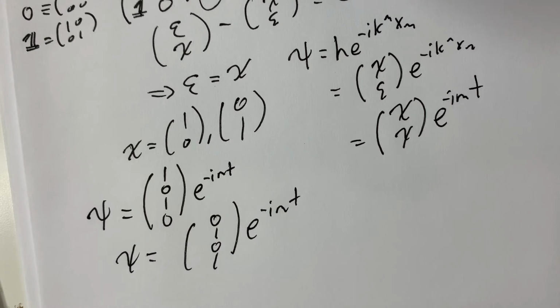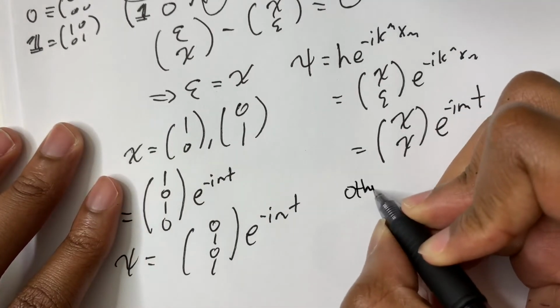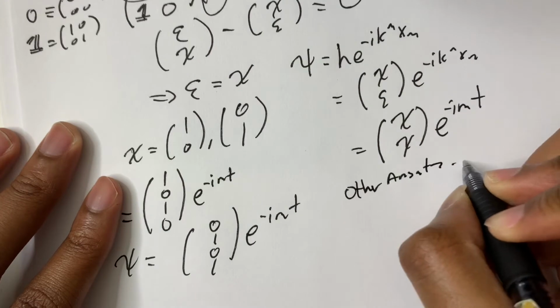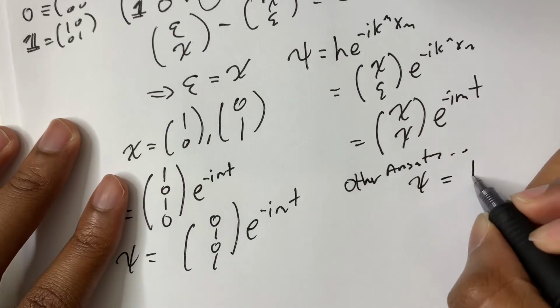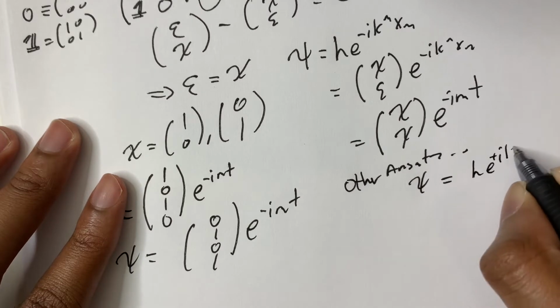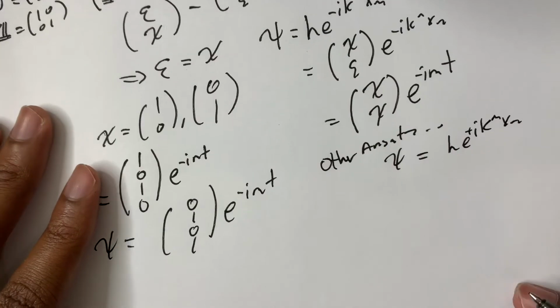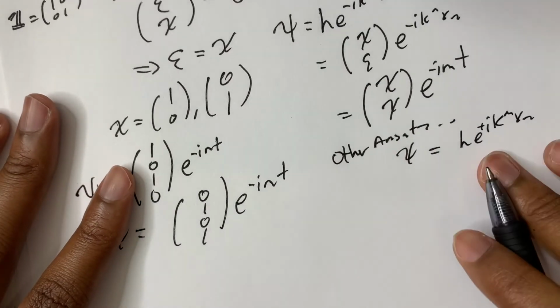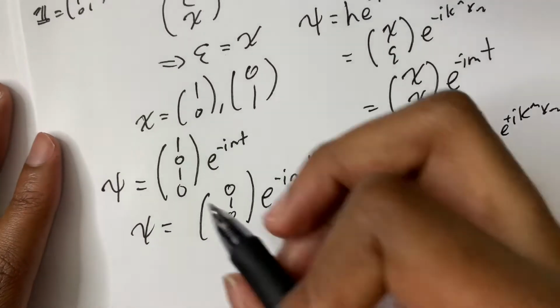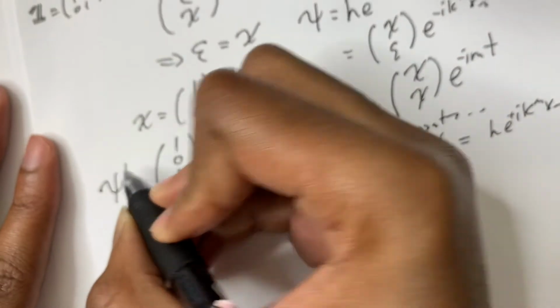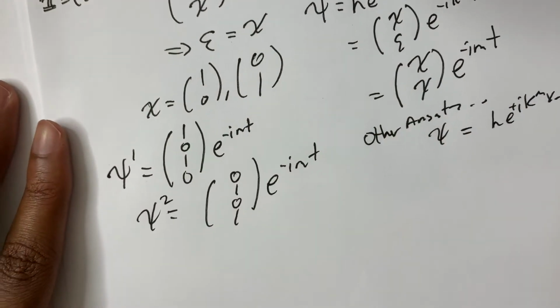Just remember, we had another ansatz, ψ = h e^(+i k_μ x^μ). But before we get to that, let's talk about the energies of these two solutions. Let's number them conveniently 1 and 2.